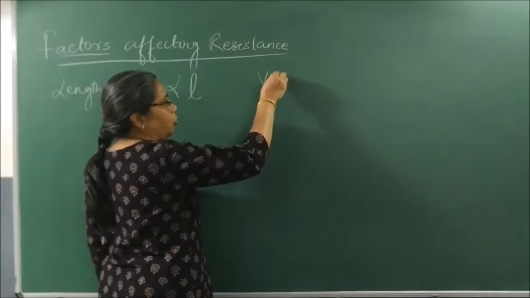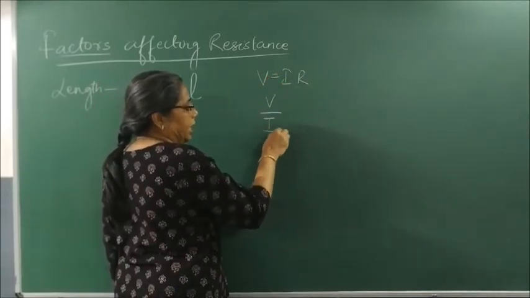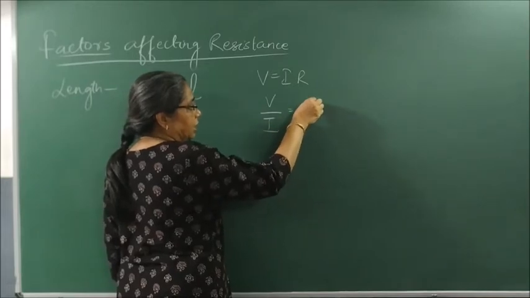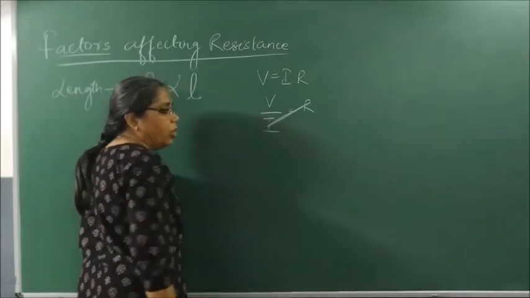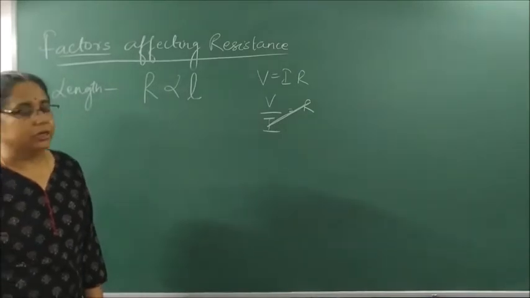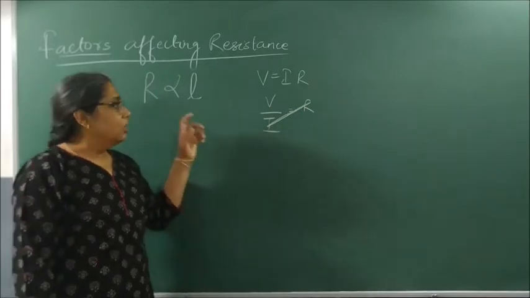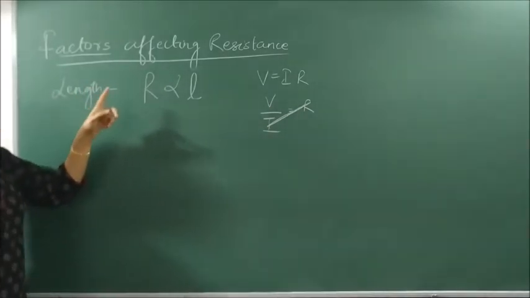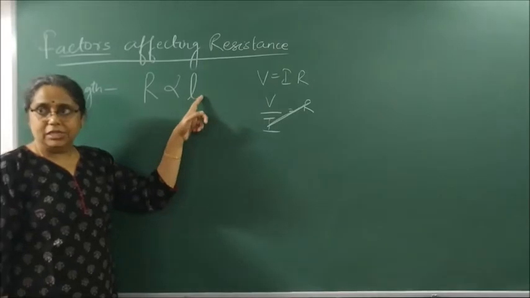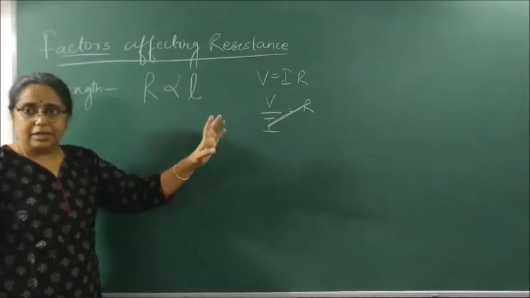Because according to Ohm's law, V is equal to IR, so V by I is equal to R. This R and I are what proportional to each other? Inversely proportional to each other. So if R increases, I decreases. So here we study that as the length of the wire increases, resistance increases and hence current decreases.